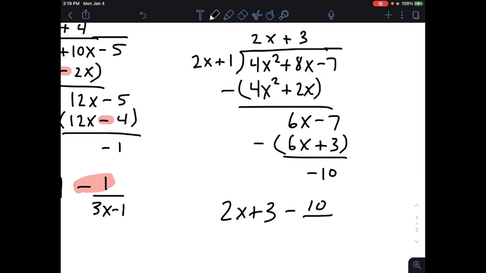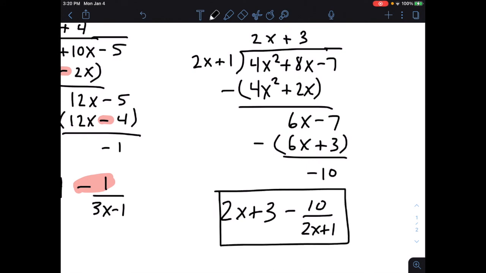It's kind of a weird little mathematical thing, but a lot of people confuse those terms, minus sign and negative sign. So then I have 10 over 2x plus 1. All right, and again, just to highlight it, there's my remainder, and I'm dividing by the 2x plus 1.